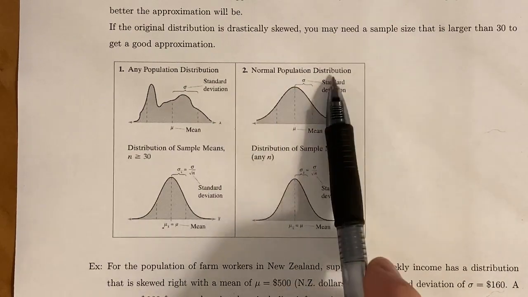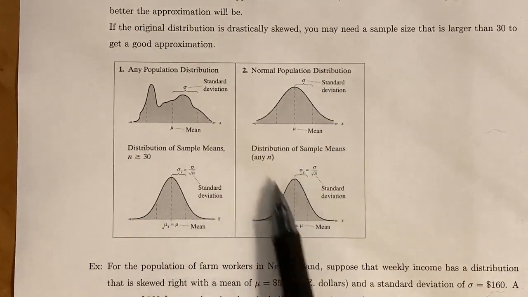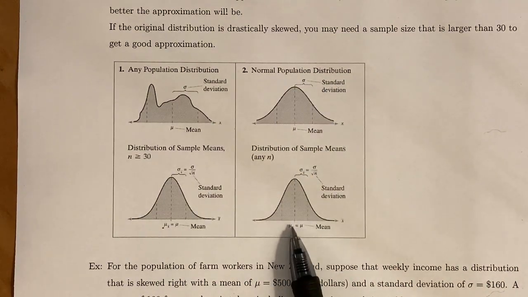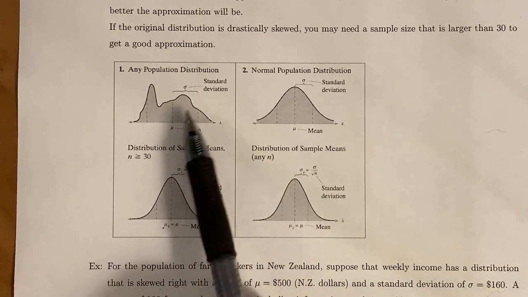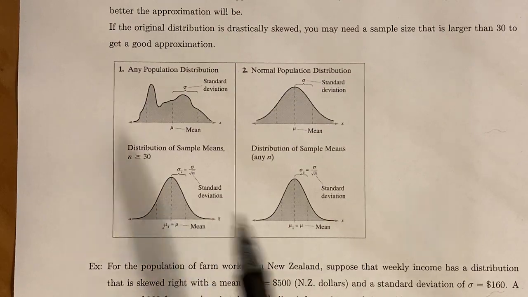Now, if we already had a normal distribution, it's going to keep it as a normal distribution. So normal distributions go to normal distributions, non-normal distributions get turned into normal distributions.